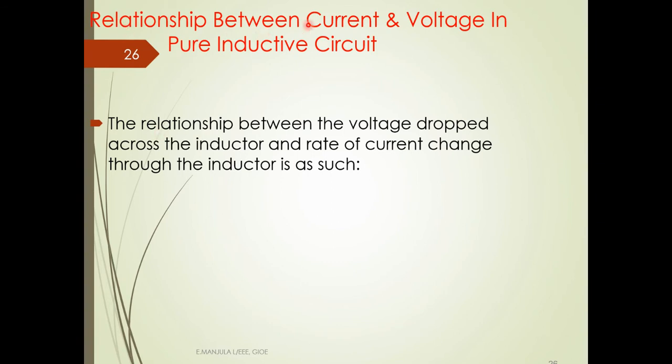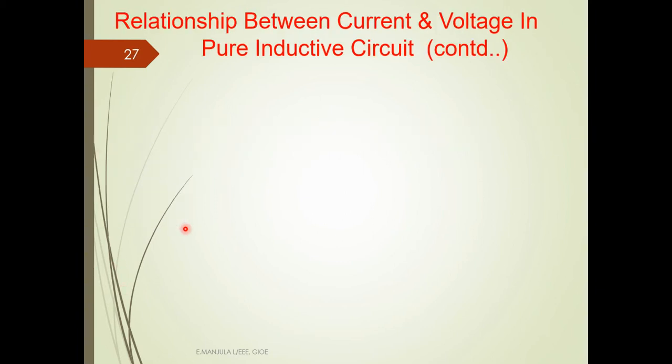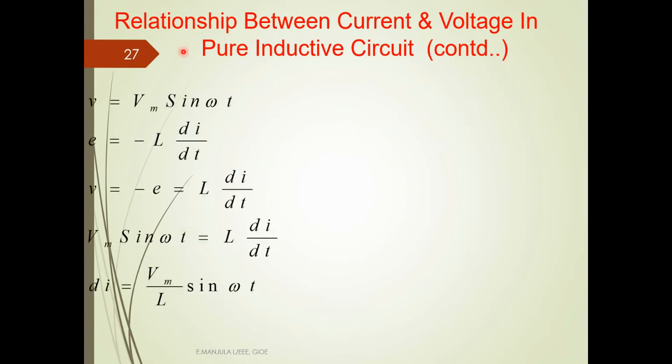Here we will see the relationship between the current and voltage in pure inductive circuits. The relationship between the voltage dropped across the inductor and the rate of current change through the inductor is such that E is equal to L into di by dt. The instantaneous value V is equal to V maximum sin omega t.